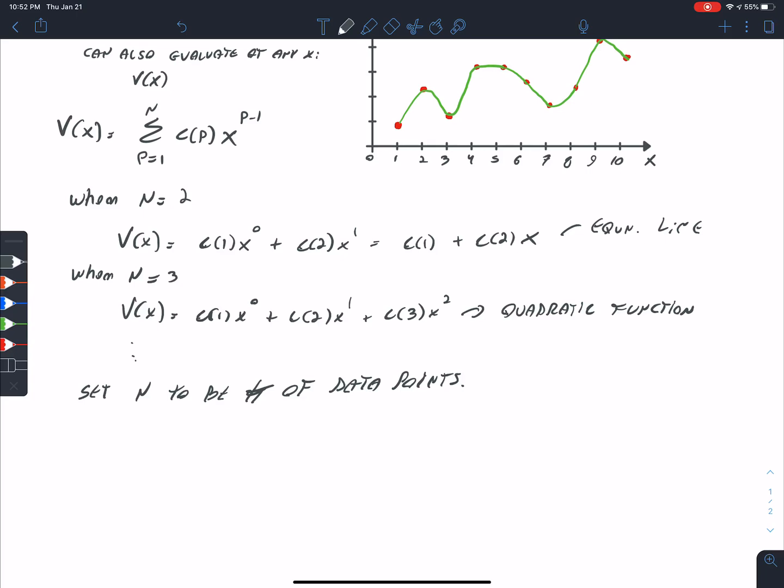So how do we do this? Again, the basic requirement is that v of k equals f of k, where f of k for k equals 1 through n is given.